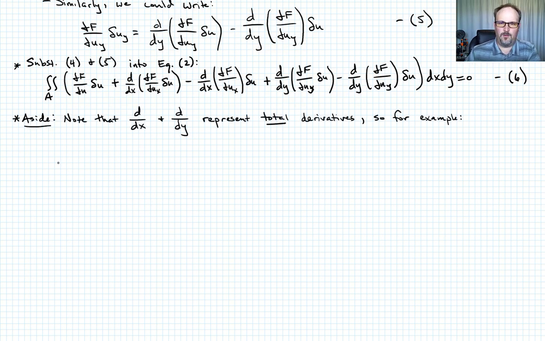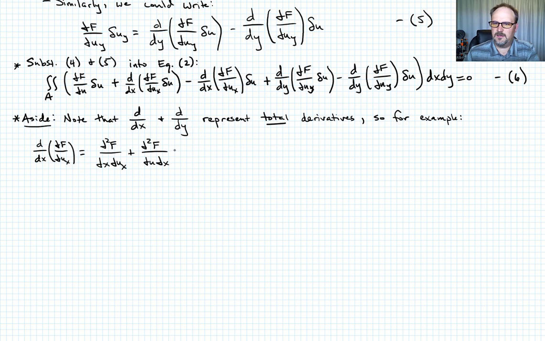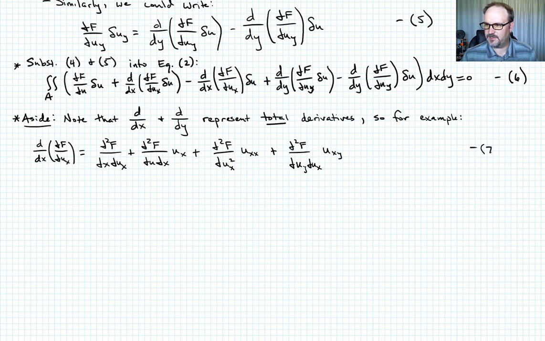So for example, we could write that d/dx of this first term, partial f with respect to ux, equals del squared f over del x del ux, plus del squared f over del u del ux times ux, plus del squared f over del ux squared times uxx, plus del squared f over del uy del ux times uxy. Let's call that equation 7. So just as an aside, that's what that looks like.